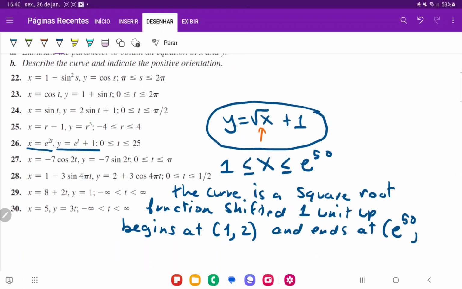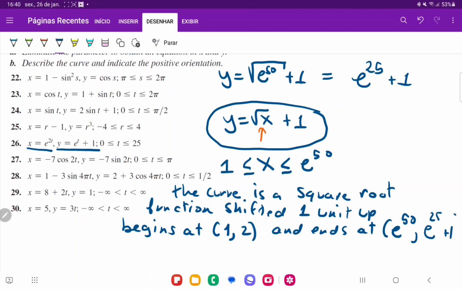If we plug in e to the 50 into the equation that relates x and y, y is going to be the square root of e to the 50 plus 1, which is the same thing as e to the 25 plus 1, if we take the square root of e to the 50. So e to the 50 is the x value for the boundary, and e to the 25 plus 1 is the y value.